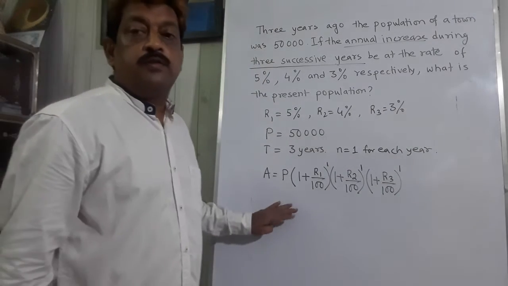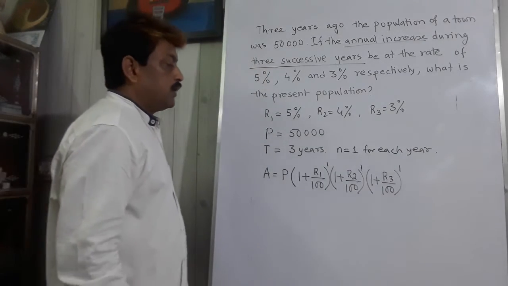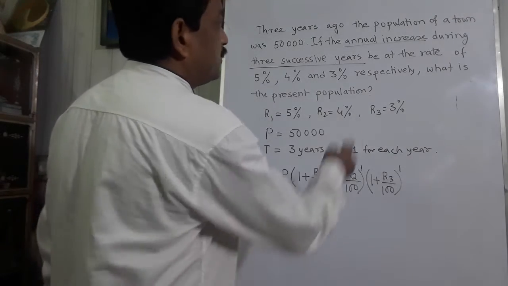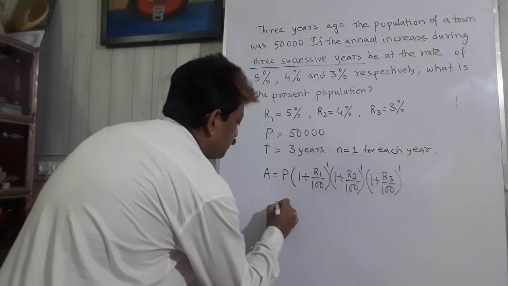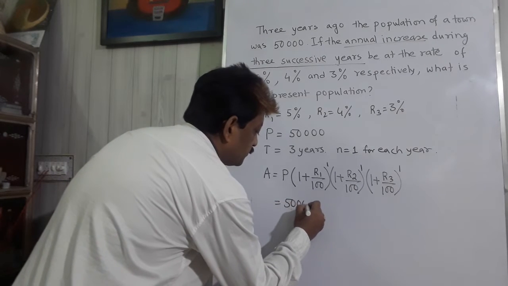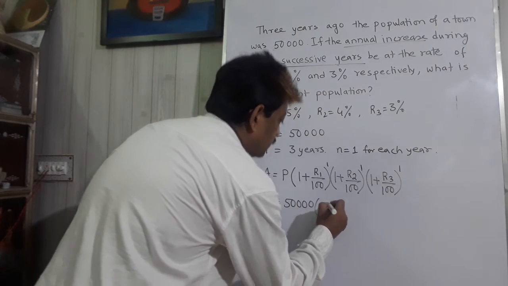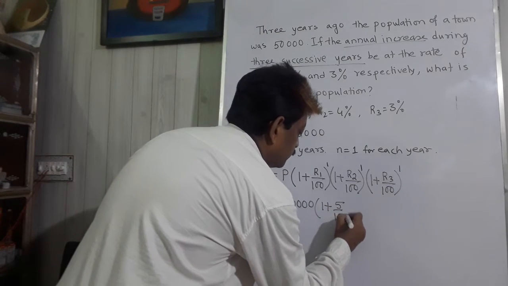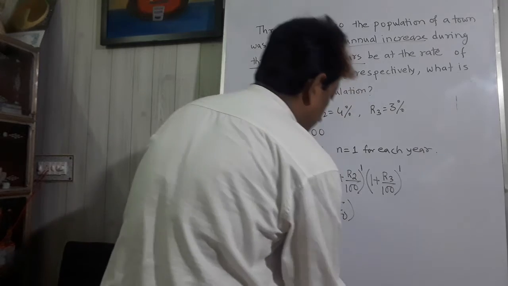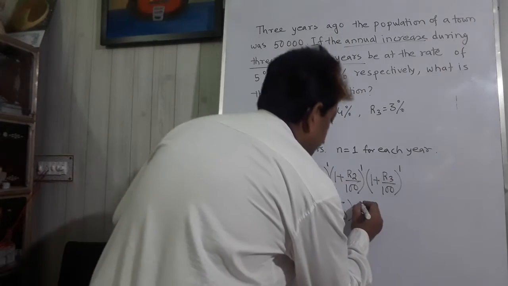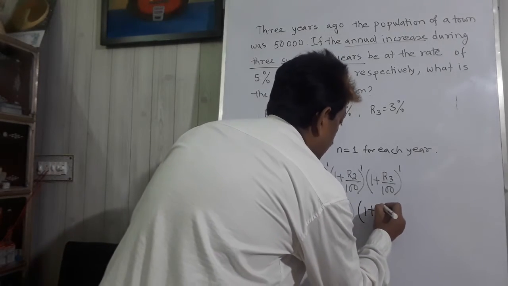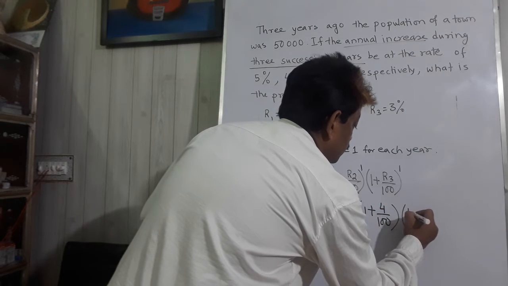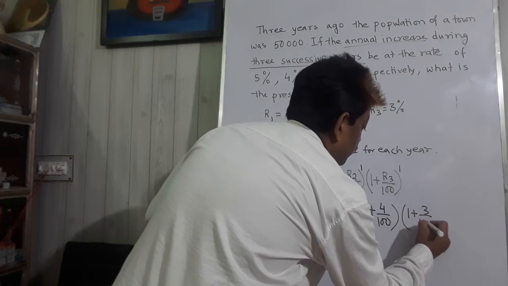Now let us substitute the values and check what the population is after 3 years. That is the present population. So P is 50,000, times 1 plus 5 by 100. The power is 1, so I am not writing the power. Times 1 plus 4 by 100, and 1 plus 3 by 100.